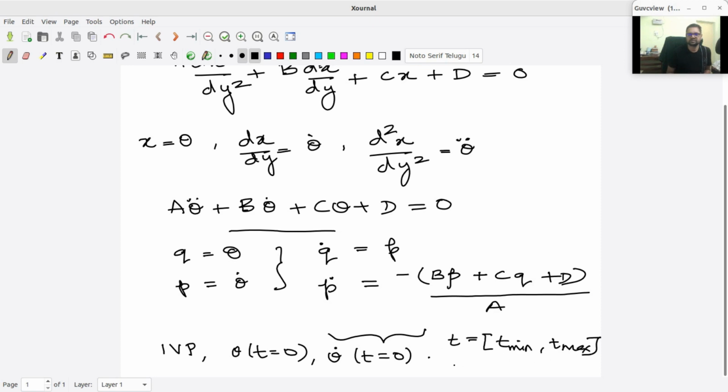So the numerical solver is going to find q and p, or theta and theta dot, for the whole time.